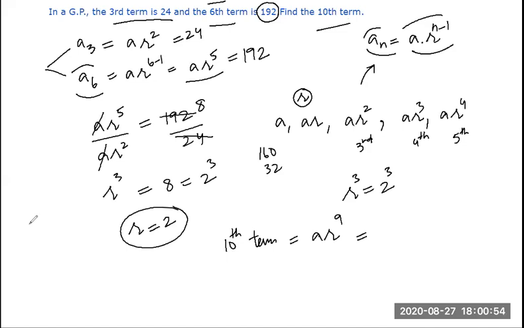We know AR square is equal to 24, so A is equal to 24 by R square. R is 2, so 2 square is 4, and 24 divided by 4 is 6. A is equal to 6. Am I right, students?